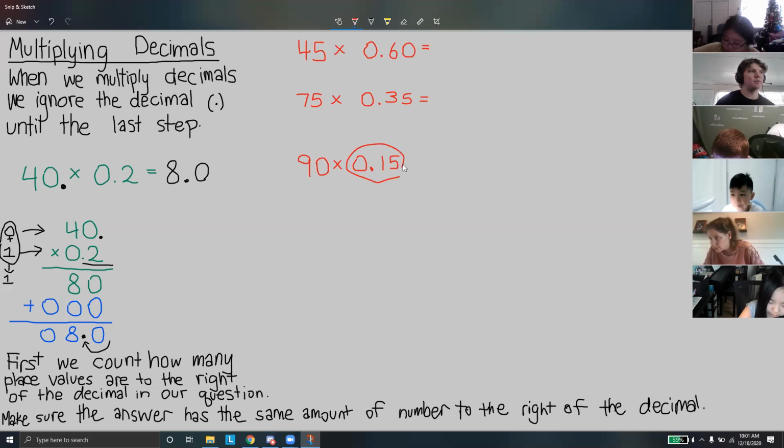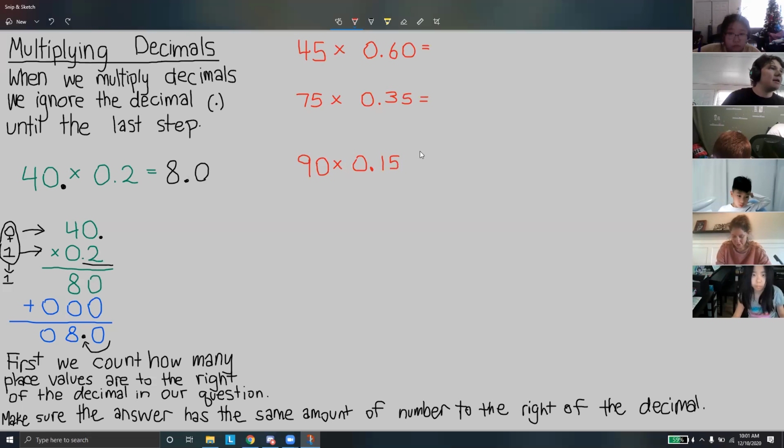That's how I say this decimal. We probably don't have time to go over exactly why we call it that yet. We might do it later. But that's all right. 90 times 0.15. You just say 0.15 for now, while we're still learning. Oop, this one might be a little bit tricky. Maybe two more.